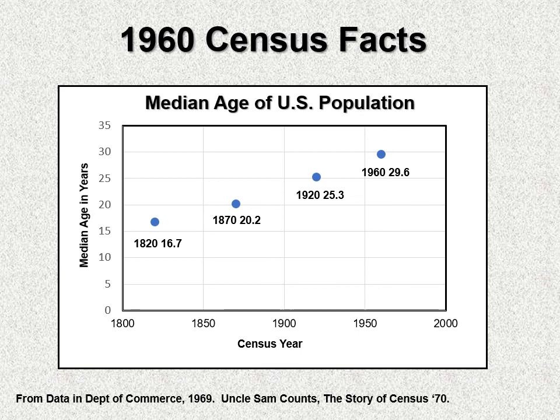It's not the average. And so you can see the 1820 census, the median age was teenagers. And you go up until 1960, where it's 29.6 years. This may indicate both an increase in life expectancy and potentially a decrease in birth rate as well.